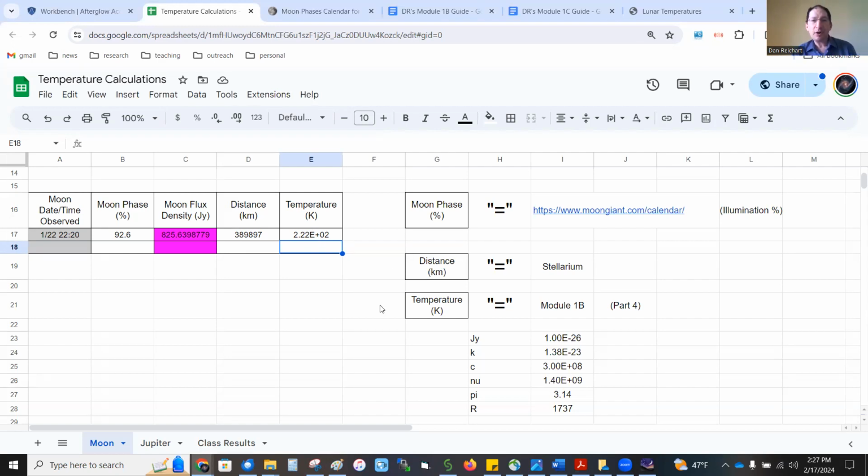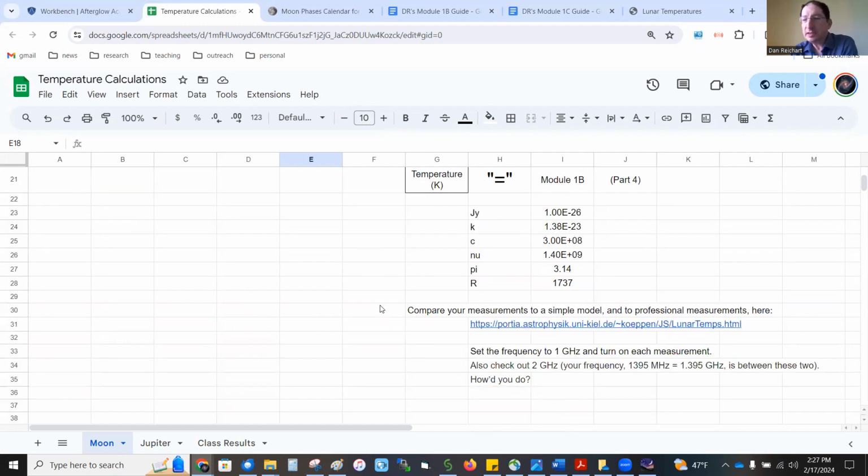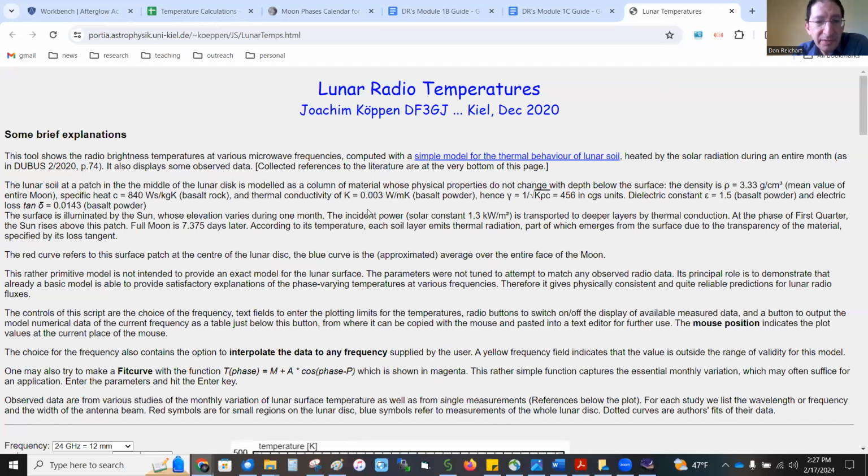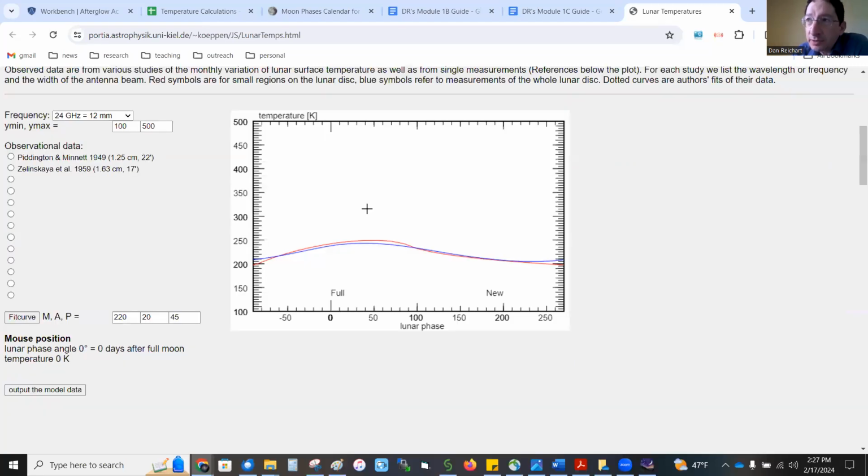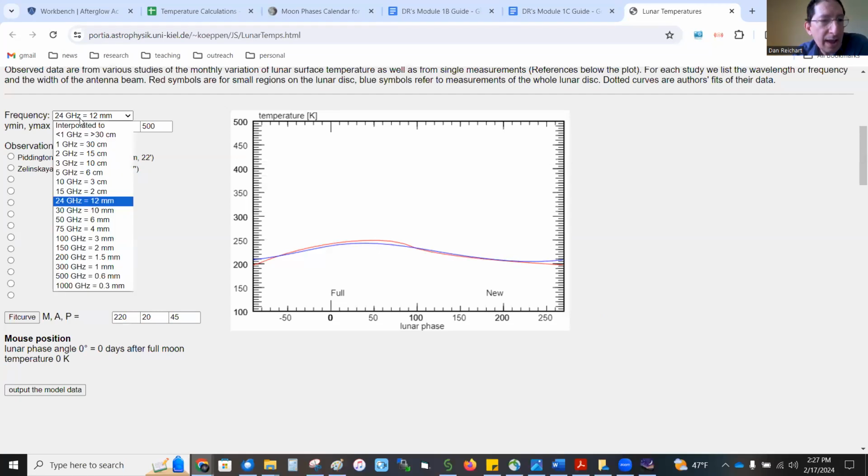Now, the last part of the activity is to see if what you got is reasonable. So here's a nice website. You slide down, it has both models and observational data. So I'm going to pick, we're looking at 1.395 gigahertz.